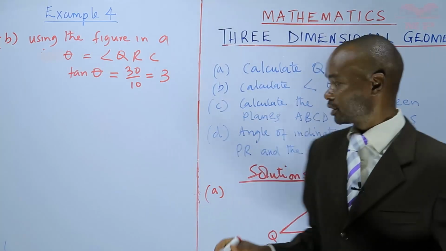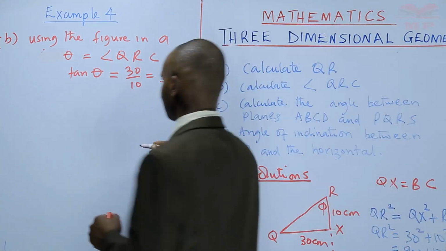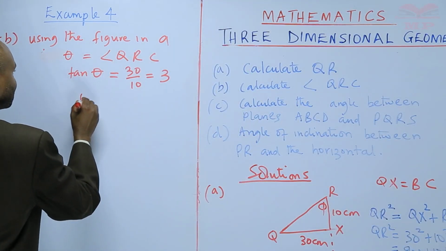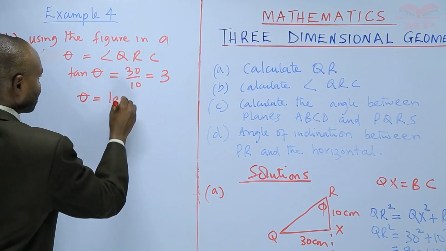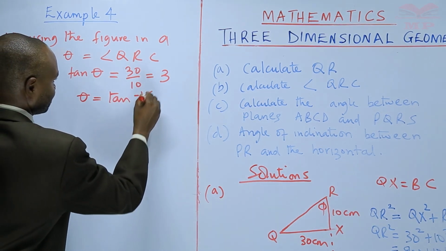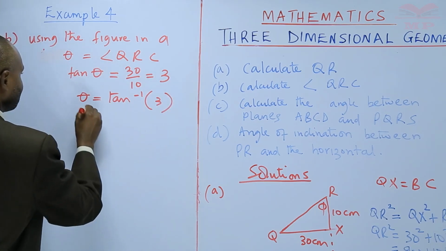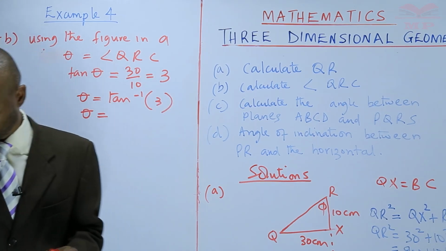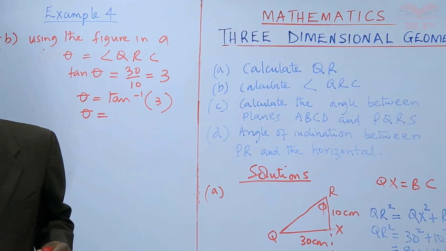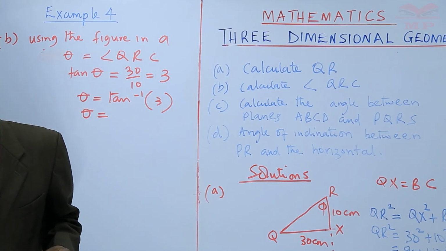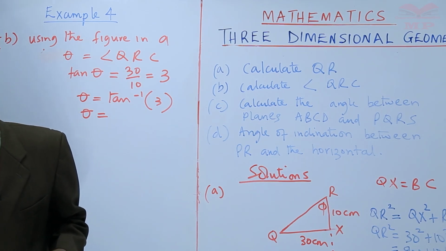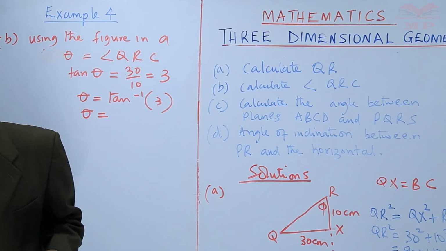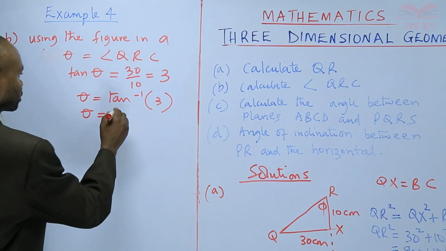Opposite over adjacent gives you 3. So theta will be tan inverse 3. Go to your calculator: tan inverse 3 is 71.56 degrees.